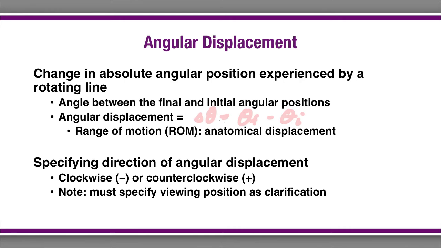So typically this is going to be measured in range of motion, which is anatomical displacement in a clinical perspective. And in specifying direction of angular displacement, we will use clockwise and counterclockwise motion, where clockwise is indicated by a negative value and counterclockwise movement is indicated by a positive value.